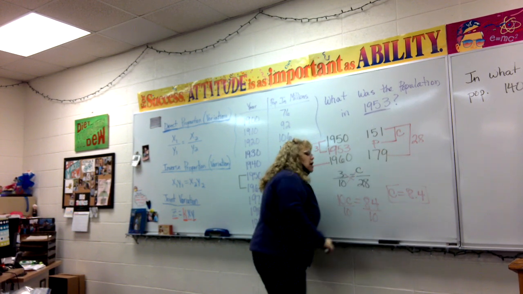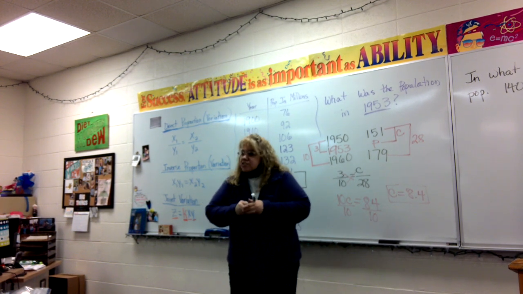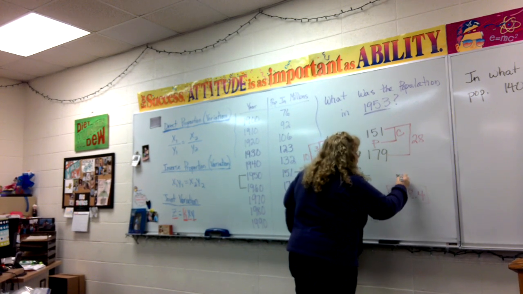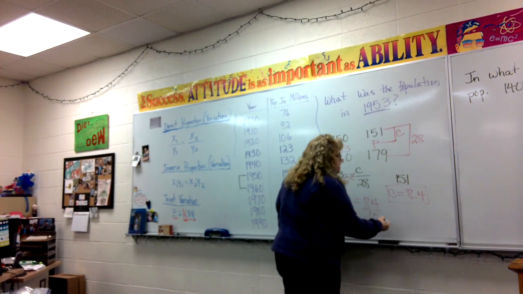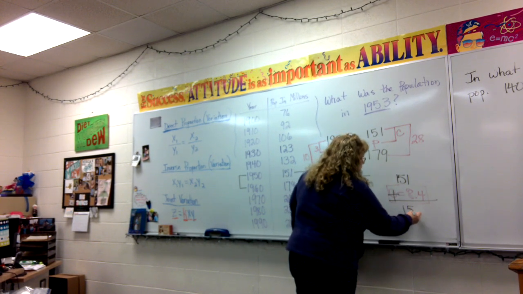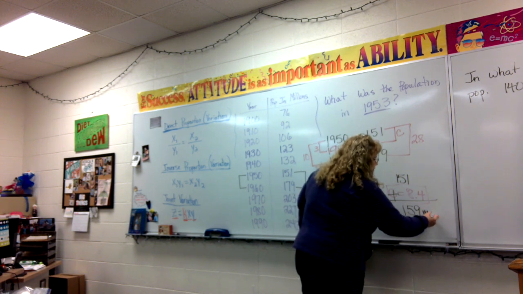How am I going to figure out the population? Right, you're going to add it. You're going to take 151 and you're going to add 8.4. What does that come out to be? 159. So what was the population approximately?